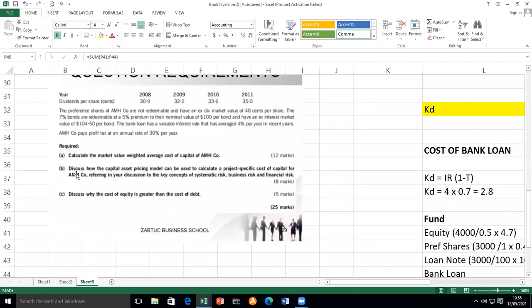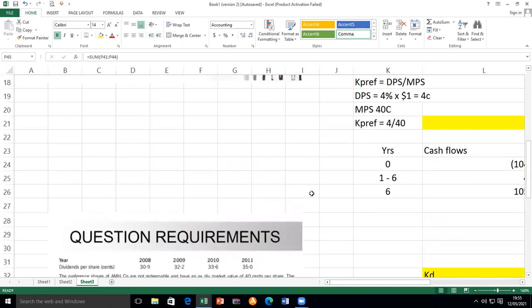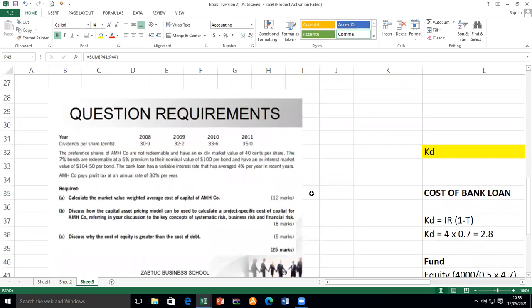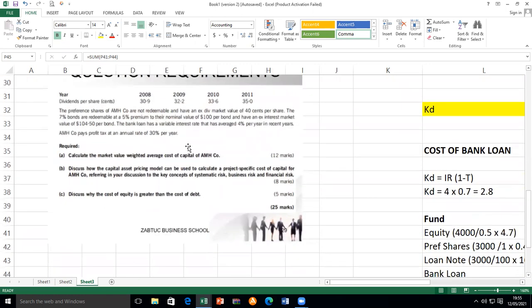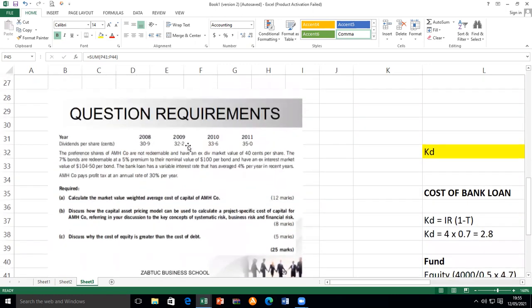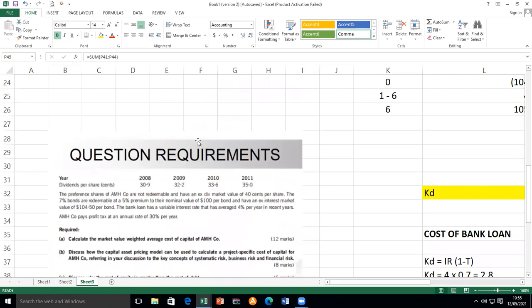The second part of the question: discuss how the capital asset price model can be used to calculate the project specific cost of capital for AMH, referring your answer to the key concepts of systematic risk, business risk, and financial risk. So if the company goes into a project, the business risks and financial risks have changed.